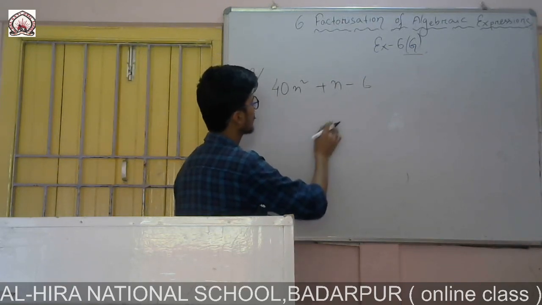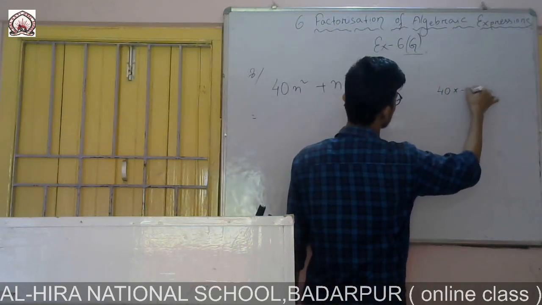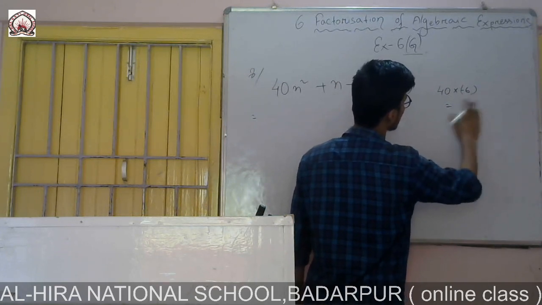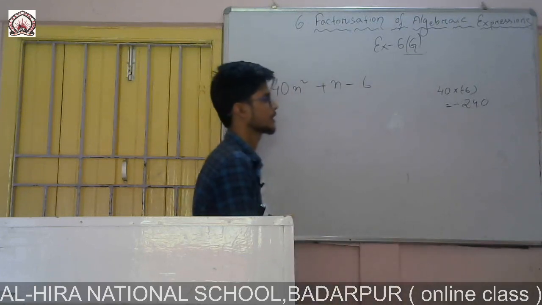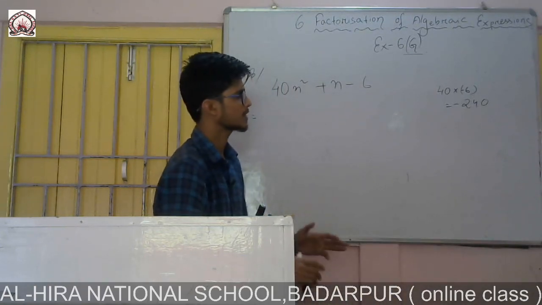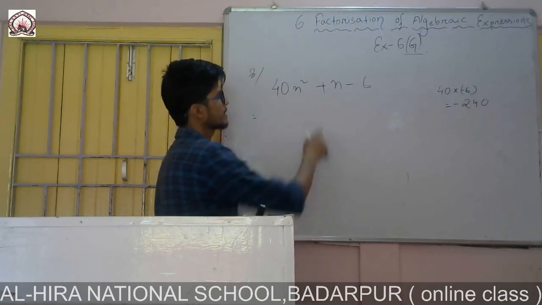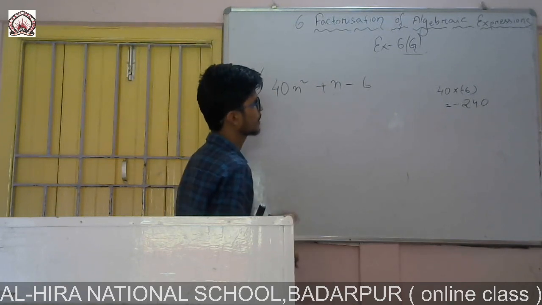First of all, I will take out the product of 40 and minus 6. 6 4s are 24, so 240, minus 240. Since it is minus, that means from the two terms, one will be negative and another positive. And since there is a plus sign, the greater one will be the positive one. So I will write 240.